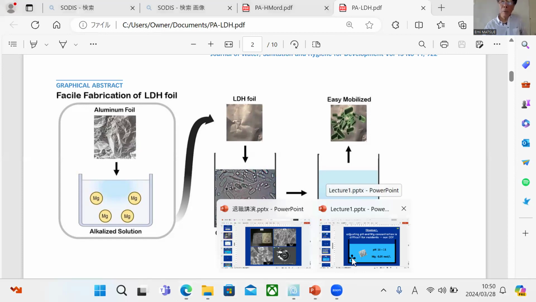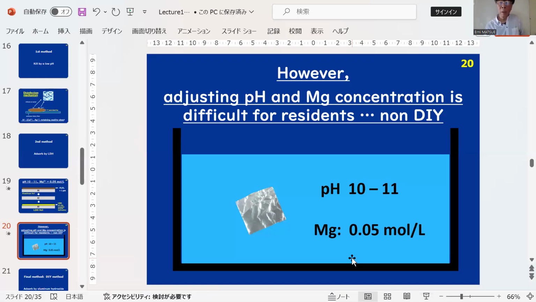Okay, so if you have a question, anytime you can ask me. Now I go into slide 20. This method is very easy.